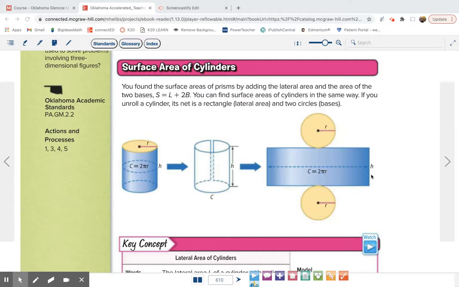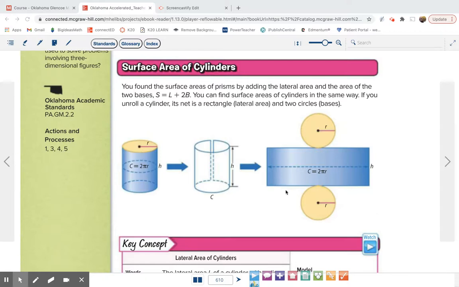This is the height of your cylinder. So for area of a rectangle, we know is length times width. On here, we already know this distance is 2 pi r, and it's h tall. So 2 pi r is your length. H is your width of this rectangle, since it is pieced together by 2 circles with radius r.